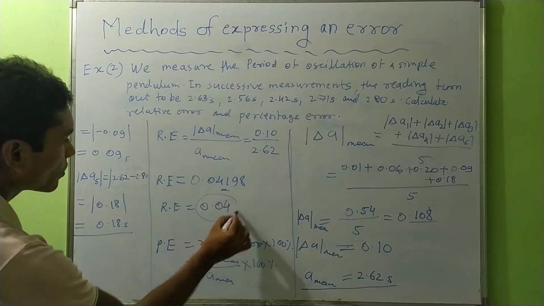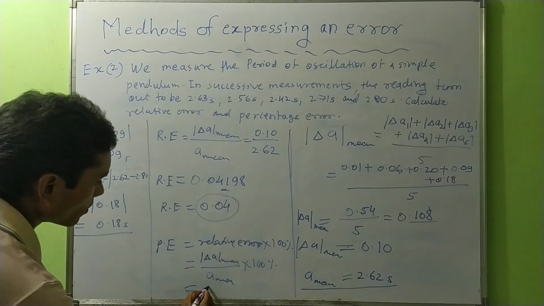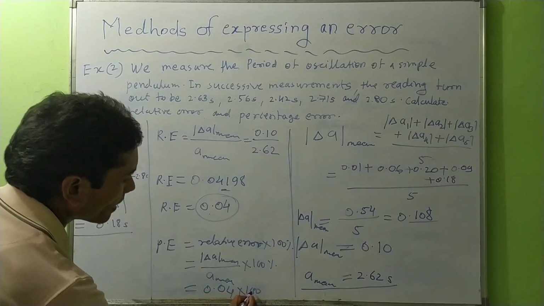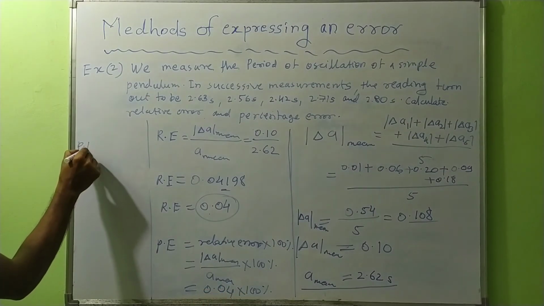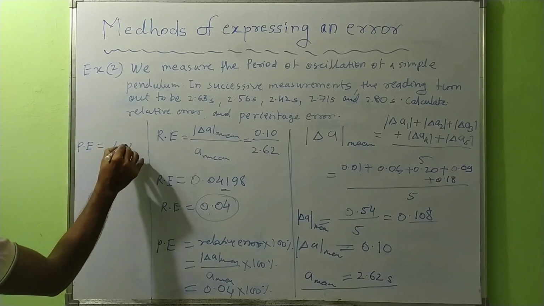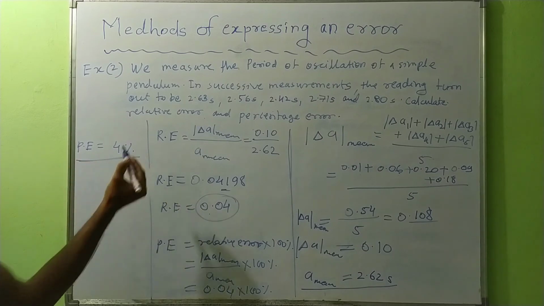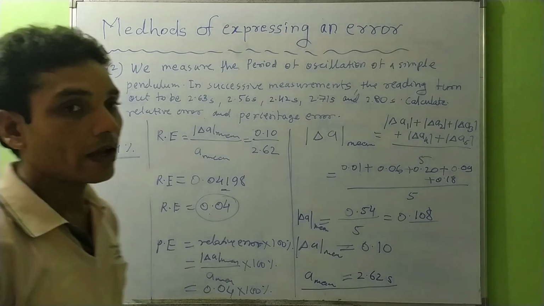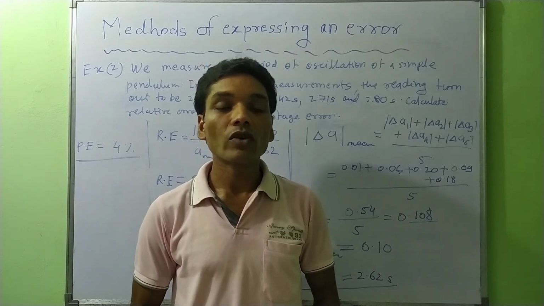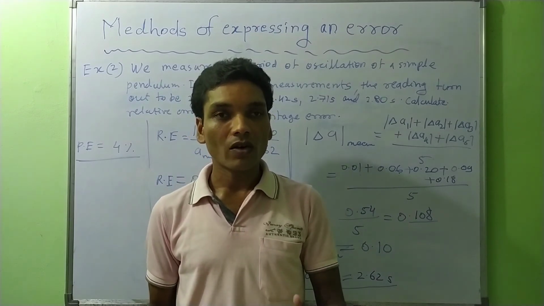Relative error is equal to 0.04. 0.04 into 100%. The value of percentage error will be 4%. This is the percentage error. Okay. I hope you would have understood the examples and you would have understood all the concept.